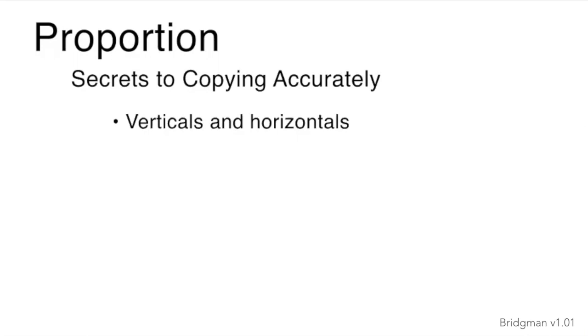Verticals and horizontals, because they're easy to discern and we use them to compare other angles. And you can consider working on grid paper, because with grid paper, it's built in everywhere. Here's another. Halfway and third divisions, because they're easy to discern and they keep us from going way off.